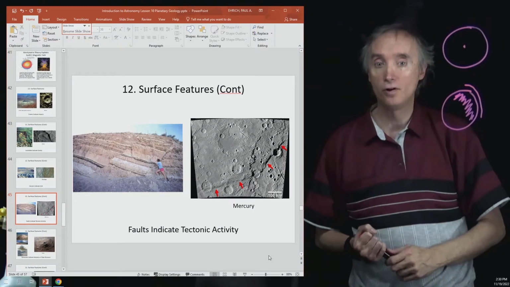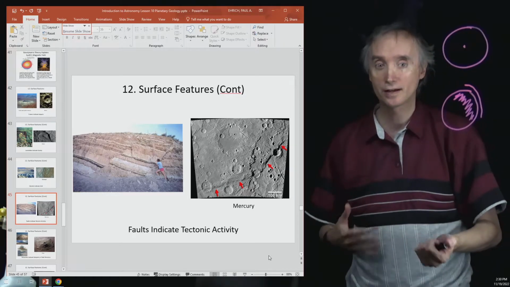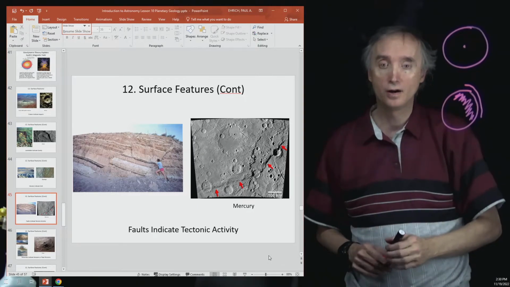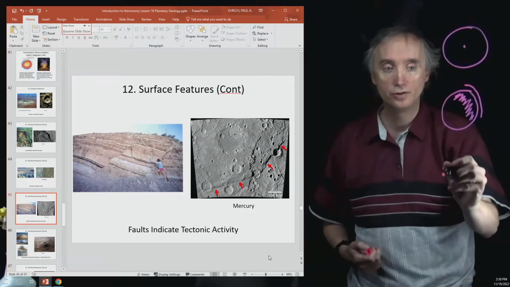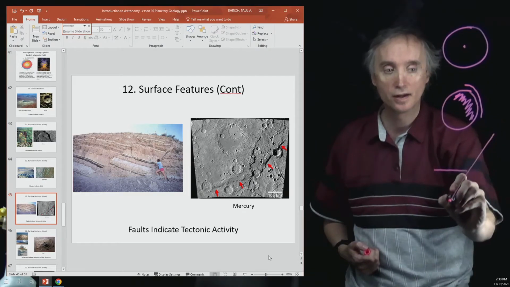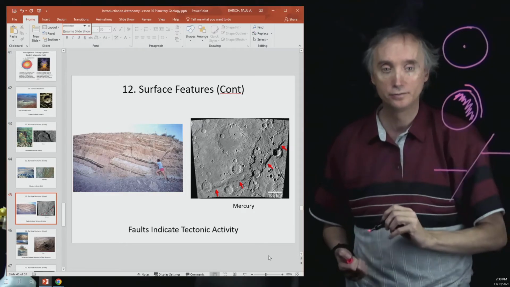Anytime you see a fault, that indicates an earthquake or tectonic activity. In that picture on the left-hand side, do you notice that there's this black line, and then there's this thing, and then on the other side, you see that black line again.